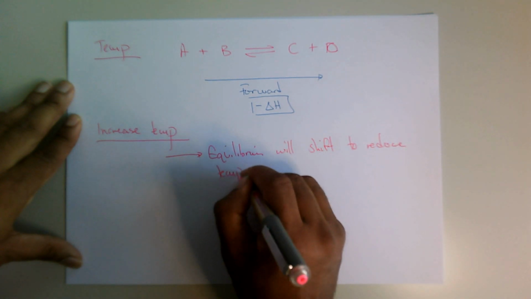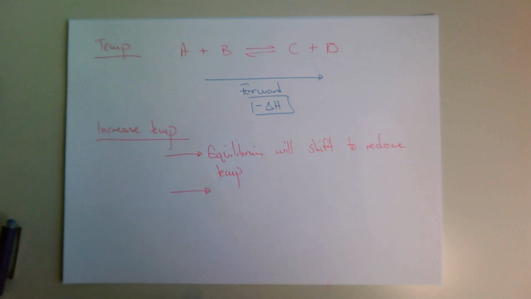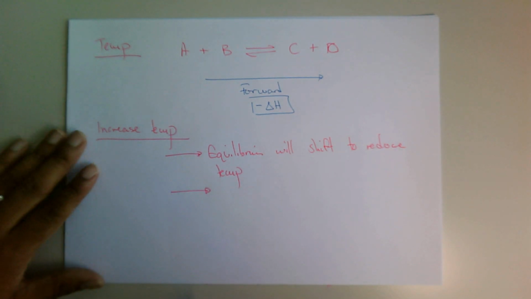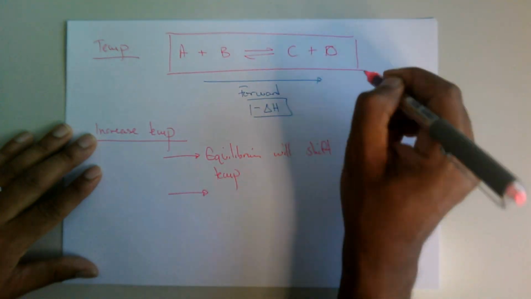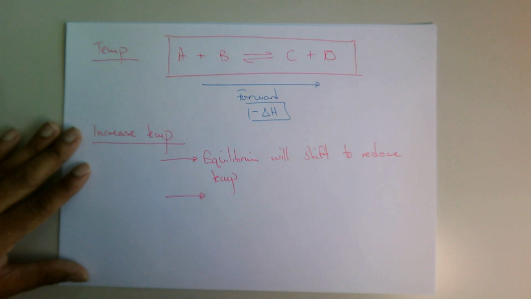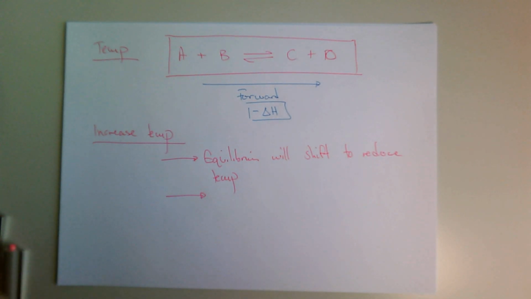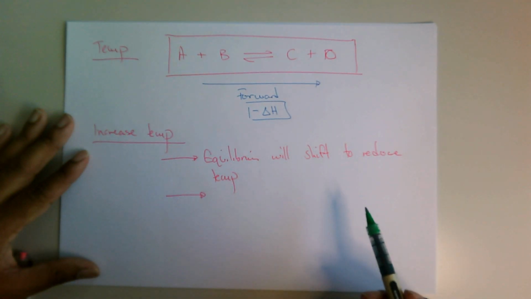Now, what can the equilibrium do to make the temperature go down? We know that the forward reaction is exothermic, which means that the forward reaction will heat up the system, which means that the reverse reaction will cool the system down. So when you have increased the temperature, the equilibrium will shift to try and reduce the temperature.